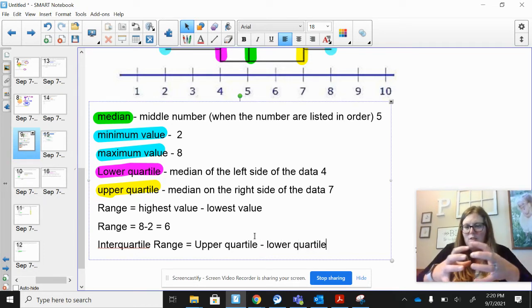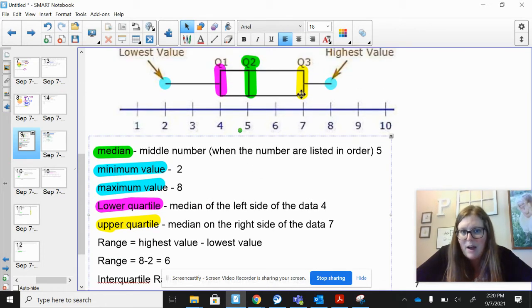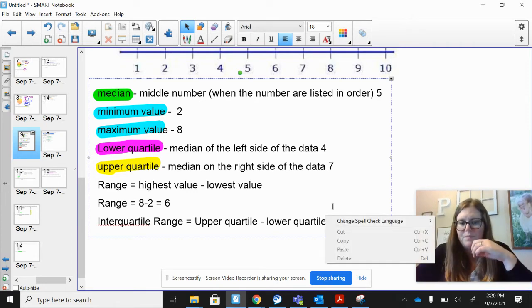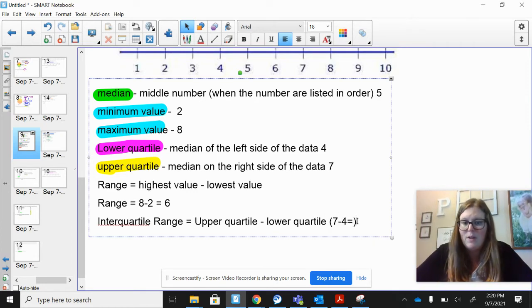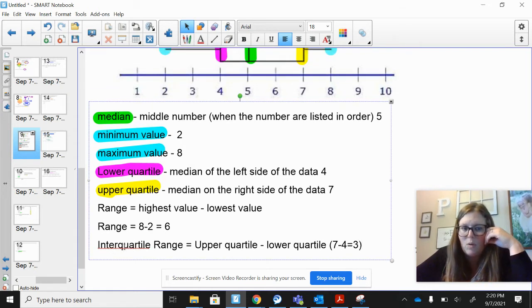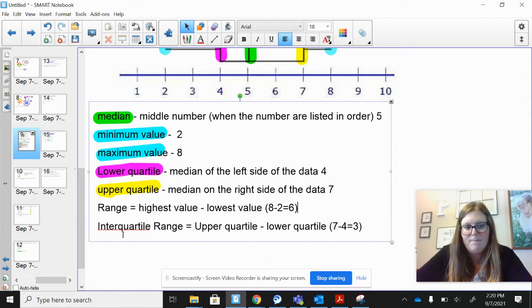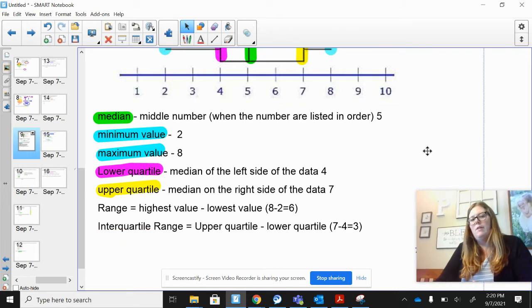So think of the inter as the inside. It's this box really, right? So the interquartile range would be 7 minus 4, which would be 3. Some of your questions are going to be just asking you what the interquartile range is. And here, I'll just put this in.